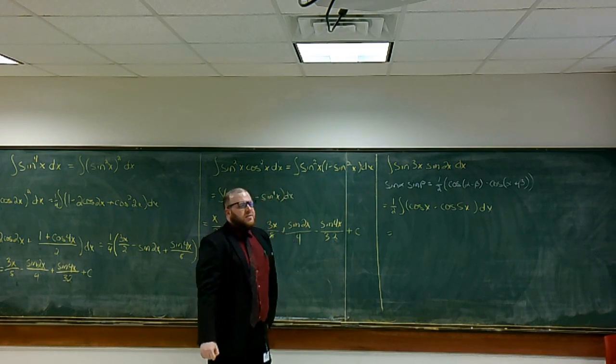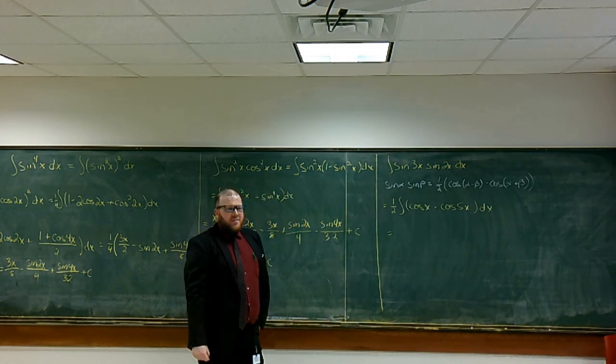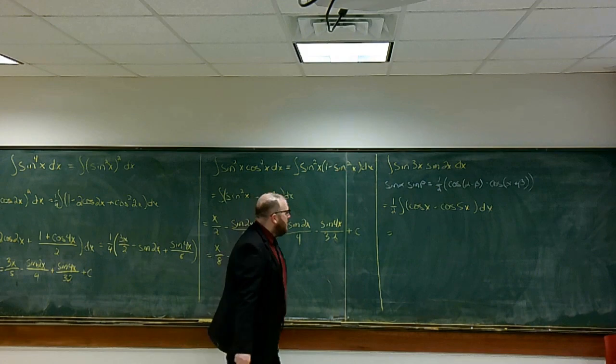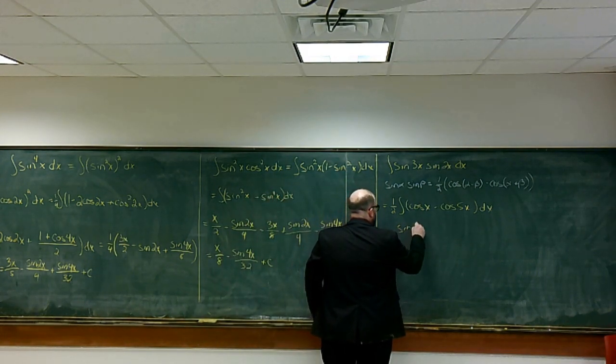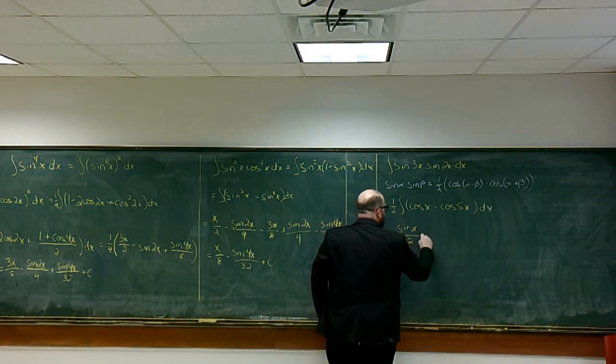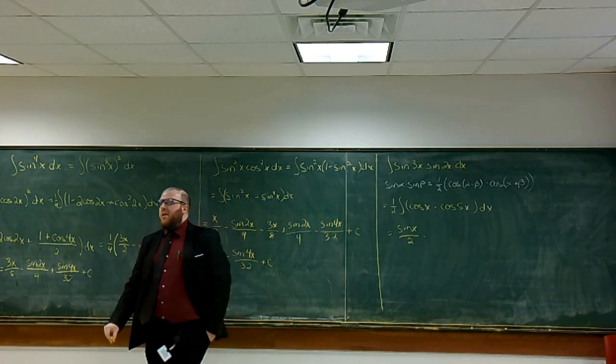Antiderivative of cosine, just sine, right? So what is the antiderivative of cosine 5x going to be?